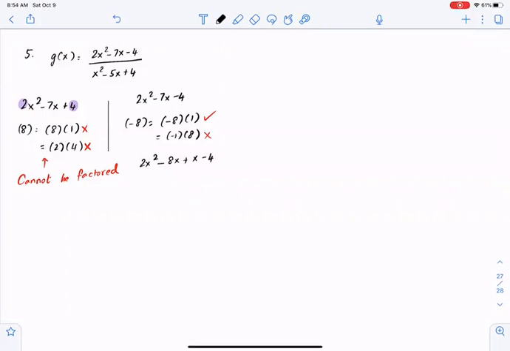I have 2x in common between the first two terms. If I pull that out, I will have x minus 4. I have a 1 in common. If I pull that out, I will have x minus 4. X minus 4 is in common.